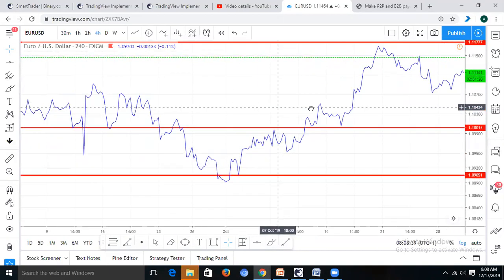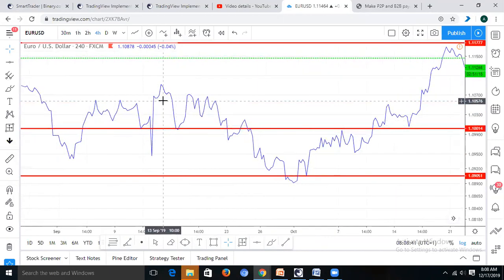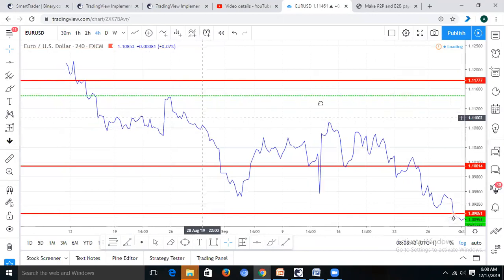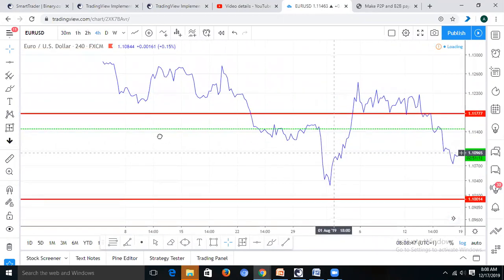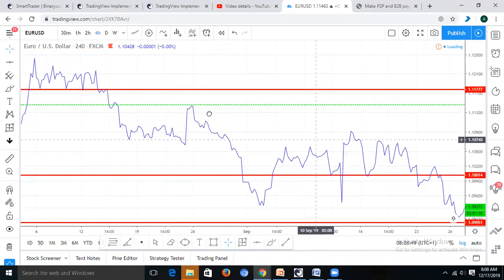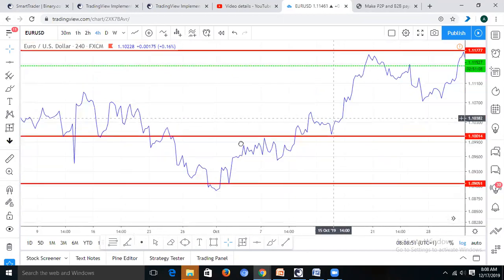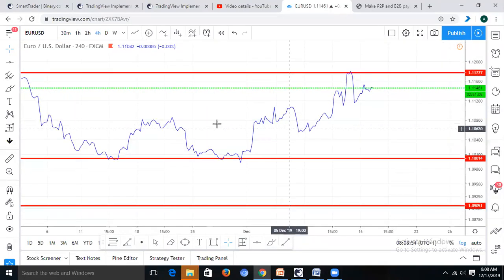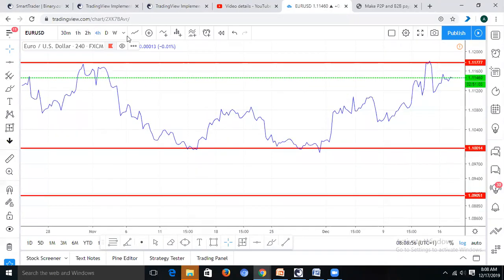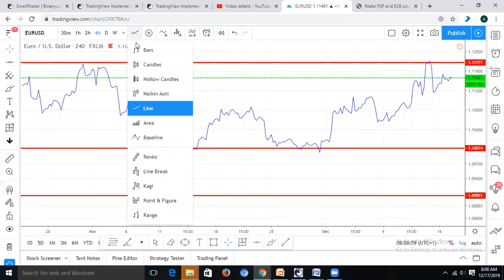This is a turning point. This is a support zone. It's clearer when you are using line charts. So, guys, use a line chart to make it clearer for you.